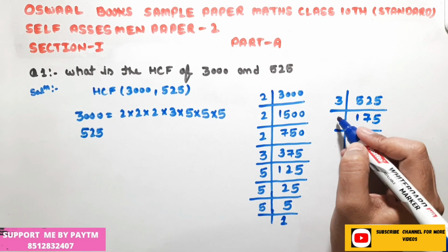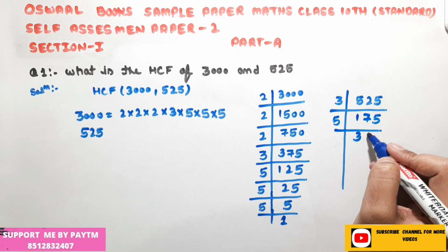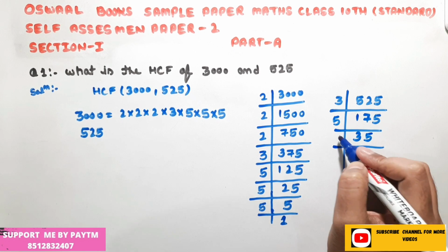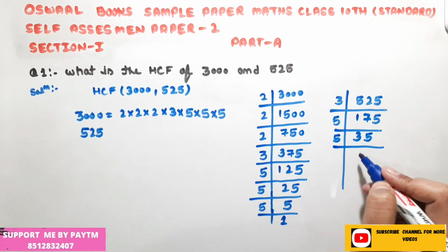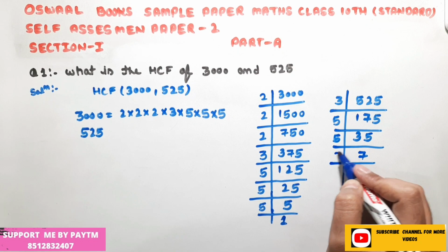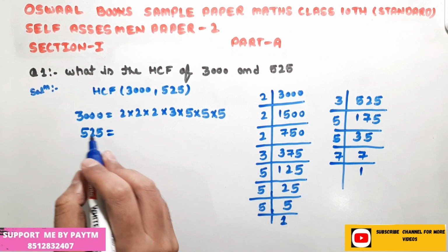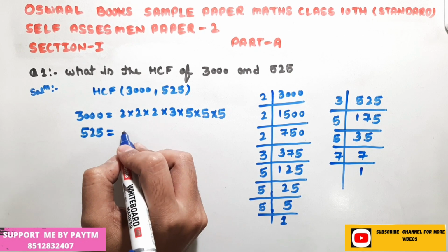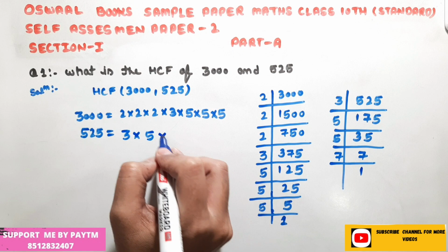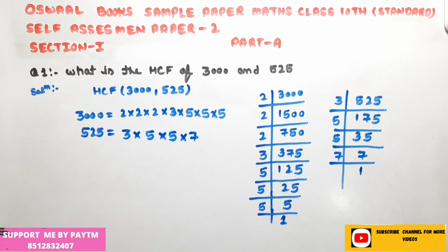Now it is divisible by 5. 5 3s are 15 and 5 5s are 25. Now again it is divisible by 5. 5 7s are 35 and now 7. So the prime factorization of 525 will be 3 into 5 into 5 into 7.